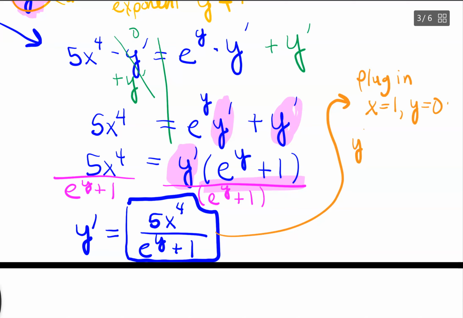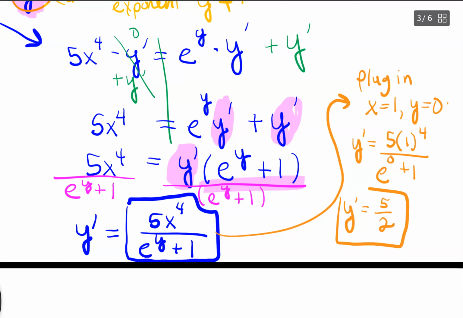So y prime is 5 times 1 to the 4th over e to the 0 plus 1. If I do 5 times 1 to the 4th, that's just 5 in the numerator. And any constant base to the 0 power is just 1. So in the denominator, I have 1 plus 1 is 2.